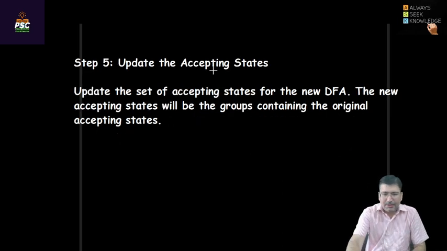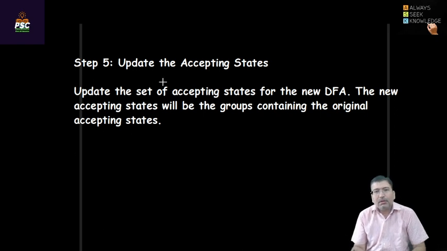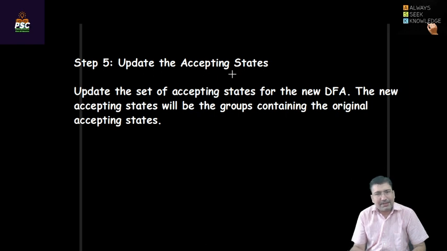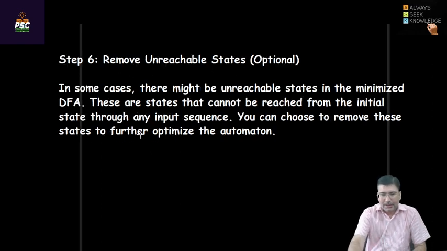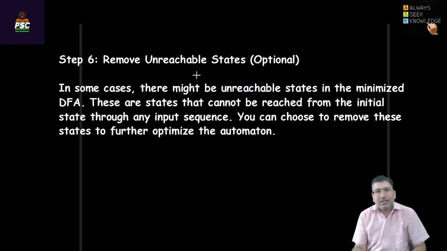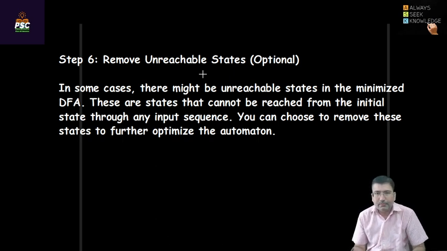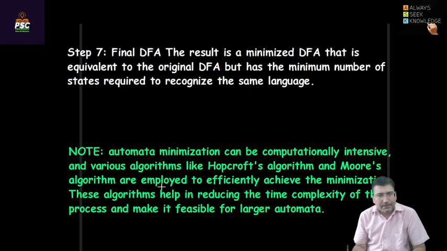Now when we start framing the automata, we decide what the accepting states will be as per the combination of final states which we get finally in the group. And then if there are any unreachable states, if you find any unreachable, we remove that. And after doing that, we finally construct the automata.